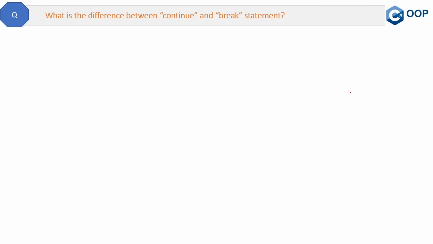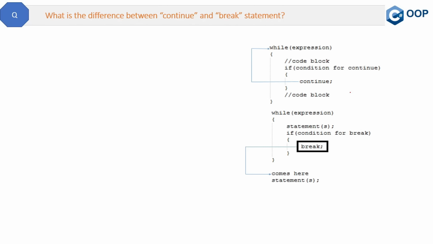What is the difference between the continue and break statements? Here you can see the code. The continue statement is used to skip the remaining statements inside the loop and transfer the control to the beginning of the loop.